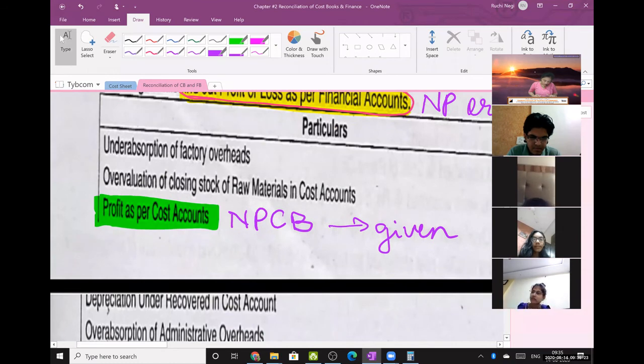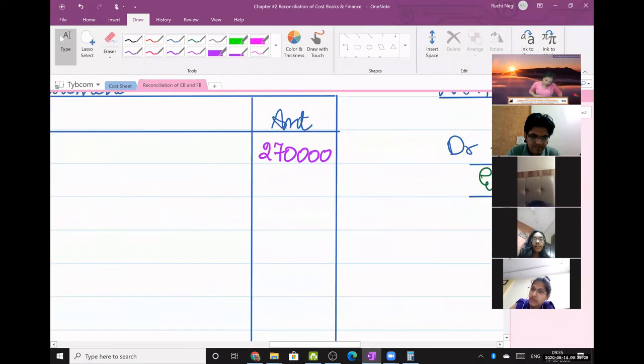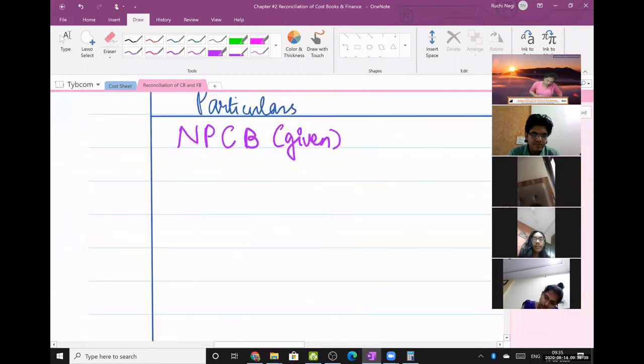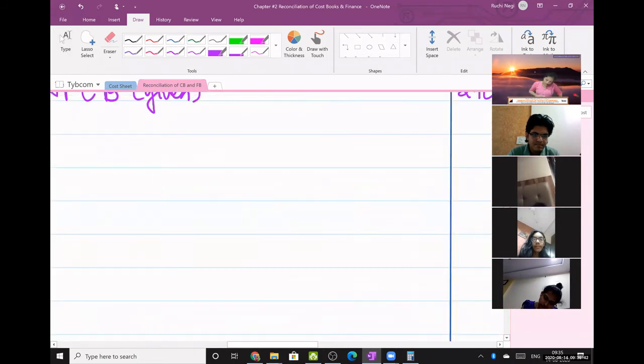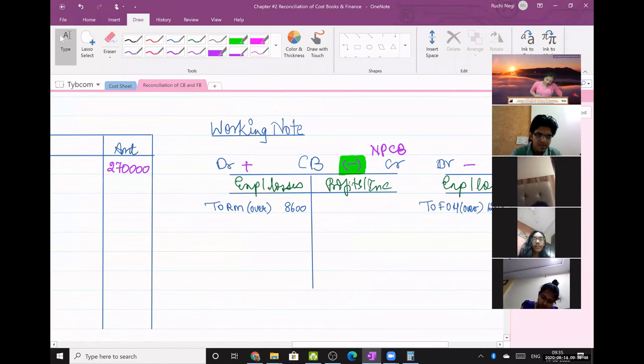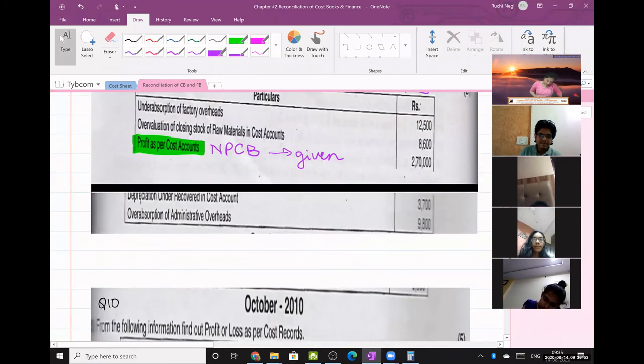Next is overvaluation of closing stock of raw material in cost books. Raw material is debit, so here in cost books on the debit side, to raw material, amount is 8,600. Next, depreciation under recovered in cost books.